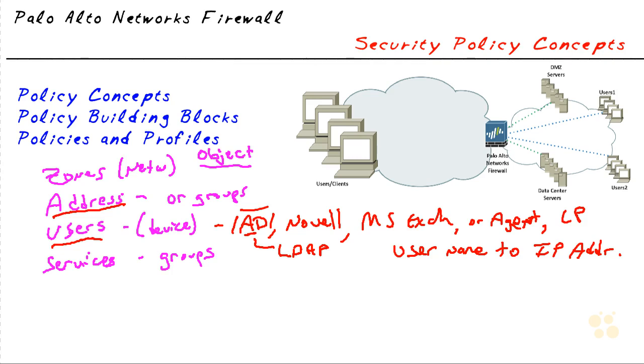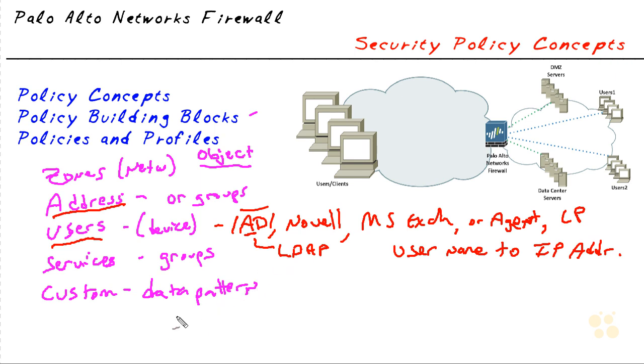Okay? But besides that part, looking at our building blocks, where we're defining them, that's going to be under our Objects menu. So services and groups I talked about. I may also have custom objects, and we'll spend more time with those in the Content-ID nugget, because that's really where they come into play. But things like data patterns, let's see, what else do we have?